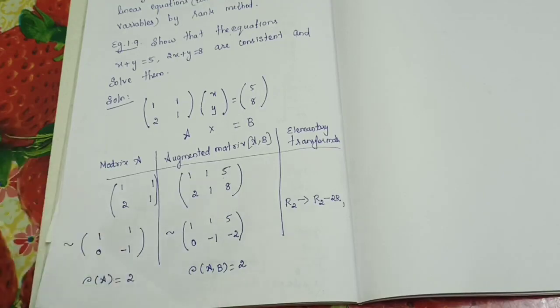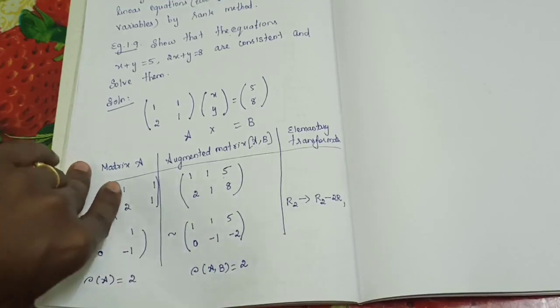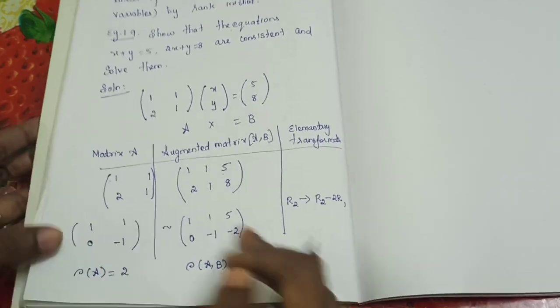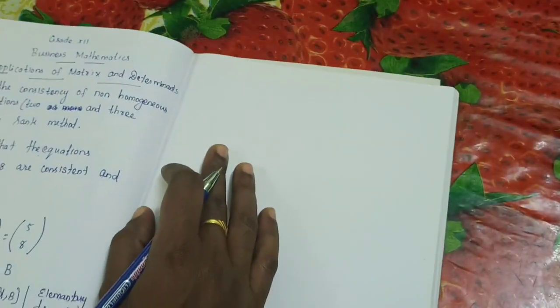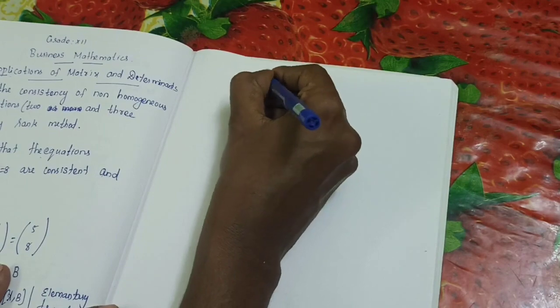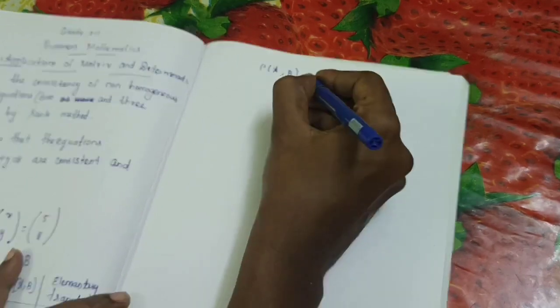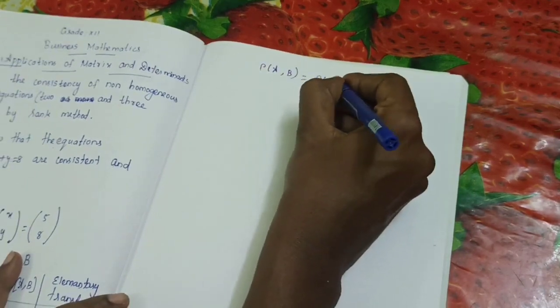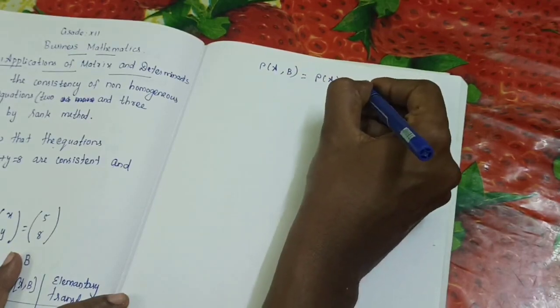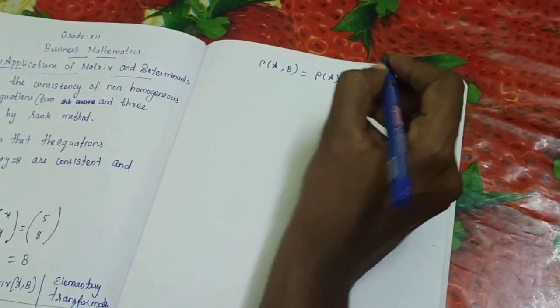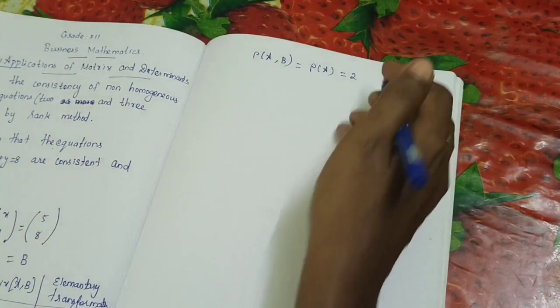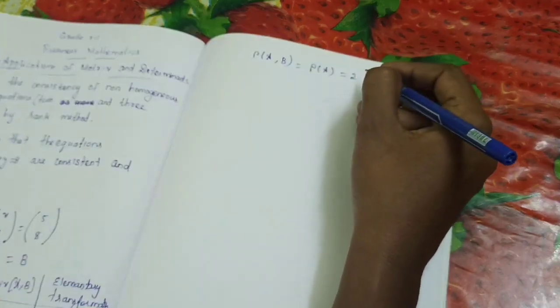We have learned all this already. The number of non-zero rows is 2 here and also 2 here. So listen here. The rank of A comma B is equal to the rank of A, both equal to 2. How many unknowns are there?